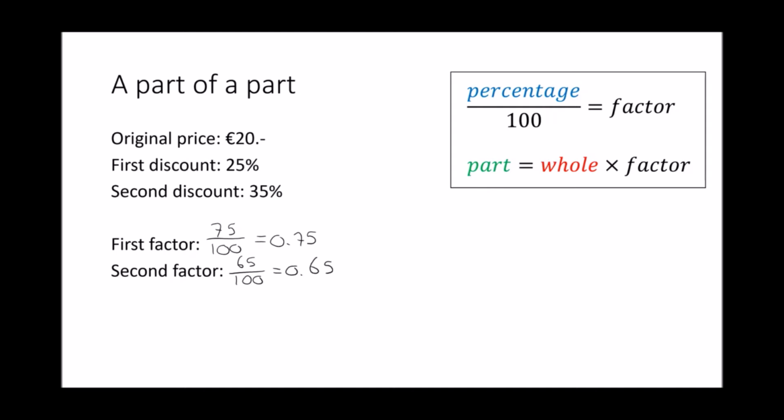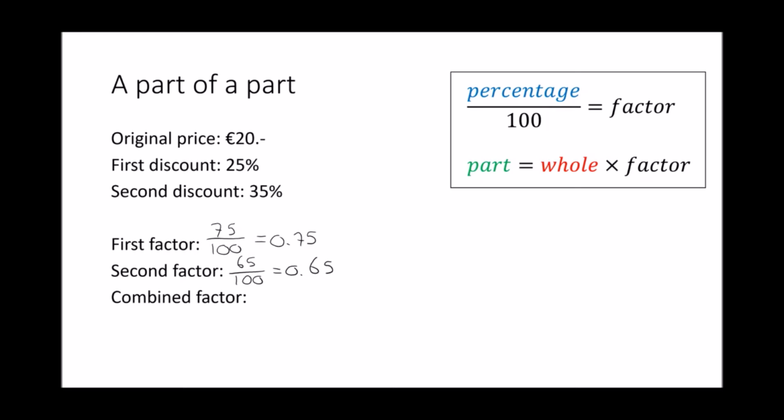Now, of course, I can take my whole 20 euros and multiply it by 0.75, get the first discounted price, and then multiply by 0.65 to get the second discounted price, the latest price. However, we can also take a slightly different route and instead calculate the combined factor.